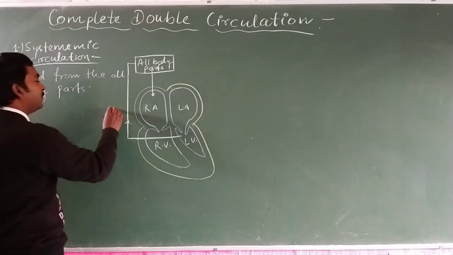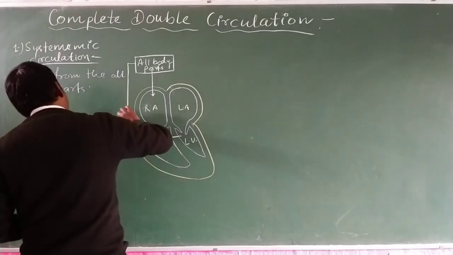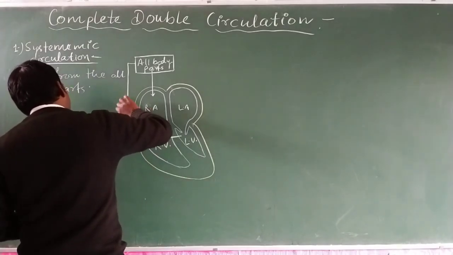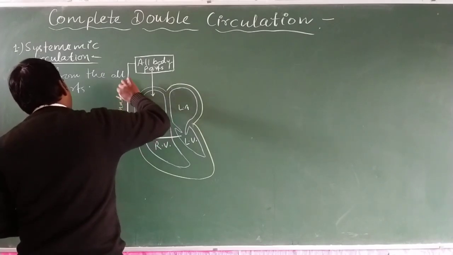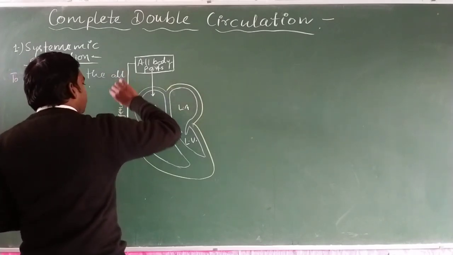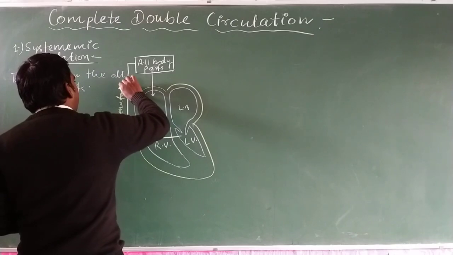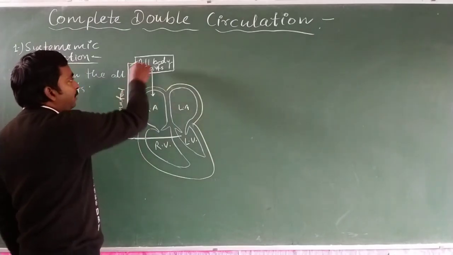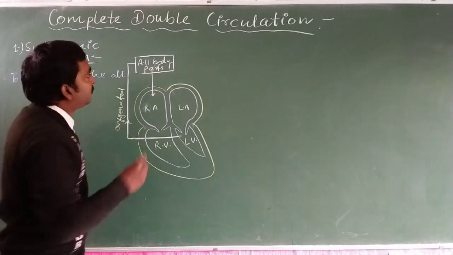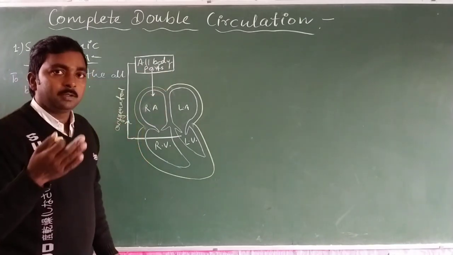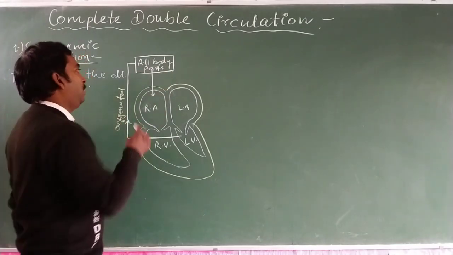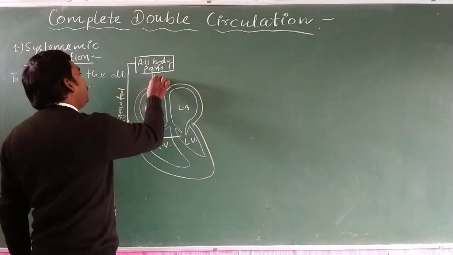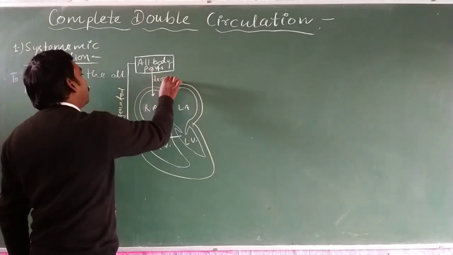The blood is oxygenated. After the oxygenated blood reaches all parts of the body and gives oxygen to all body cells, it becomes deoxygenated.